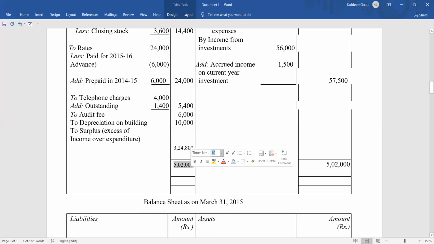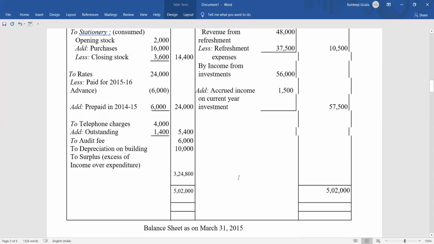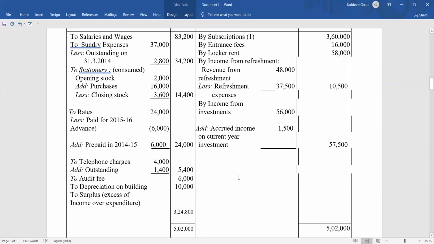Is it clear? Now this will be added in the capital fund. What is capital fund? That I will tell you. Once the income and expenditure is clear, then we can go for the next part, and the next part will be the opening balance sheet you have to prepare. The opening balance sheet is prepared to find out the capital fund. What is capital fund?